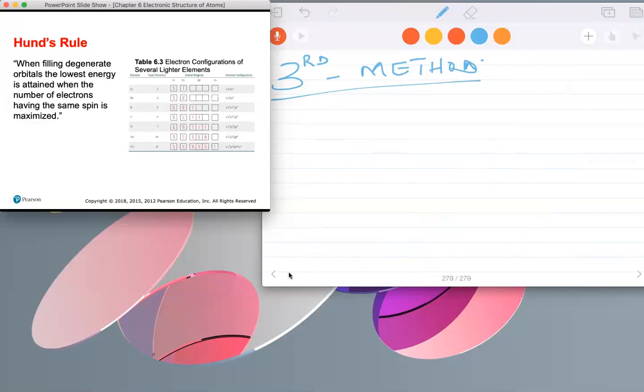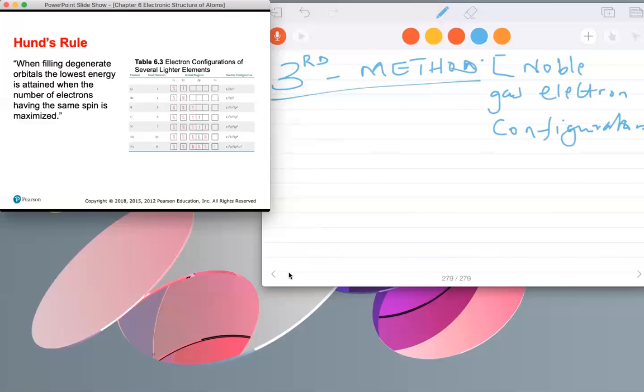This is sometimes called the noble gas electron configuration. You know what noble gases are?